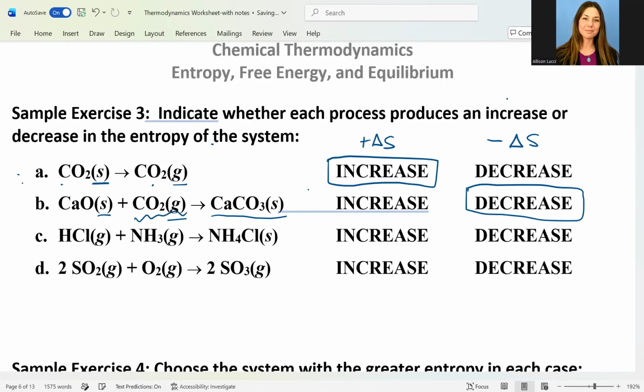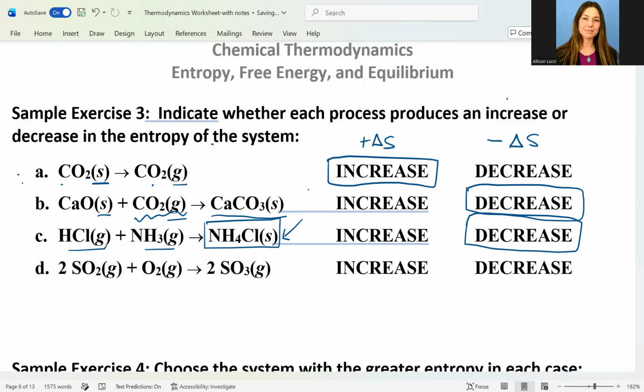We've lost that mole of gas completely, so overall a negative delta S. Let's look at example C here. So we have HCl gas, ammonia gas, and on our product side, we have 1 mole of solid. So once again, this is definitely a decrease in entropy. The system is definitely more organized and less chaotic in the solid form now.